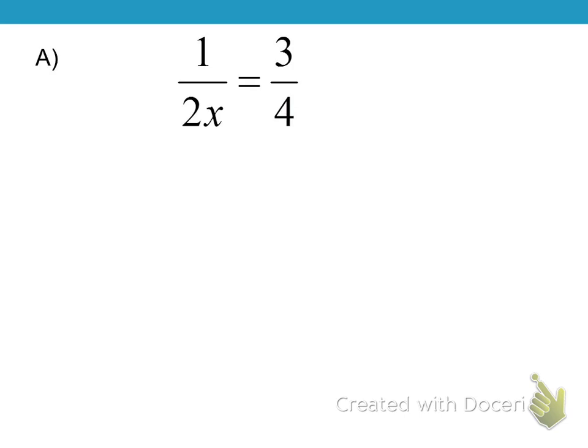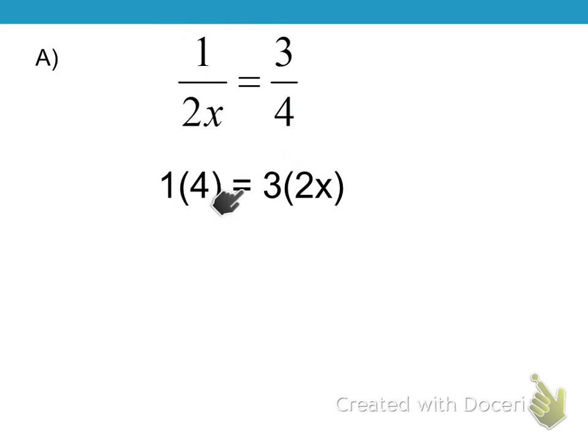All right, here's example A. So what we're going to do is multiply across the equal sign. So we're doing 1 times 4.